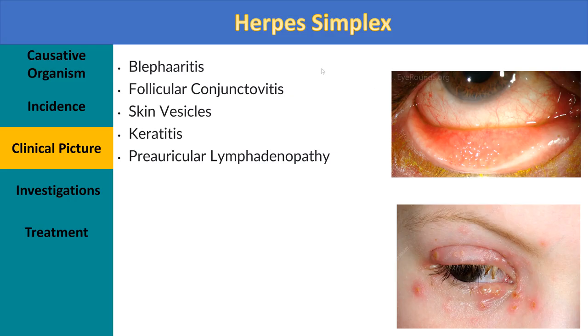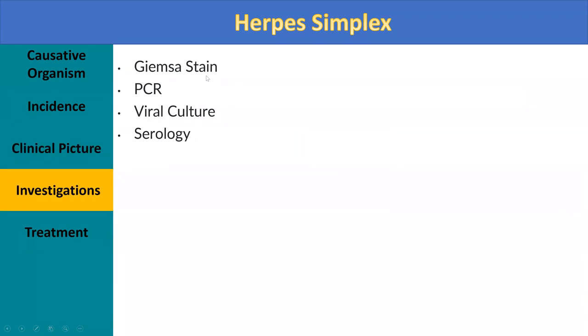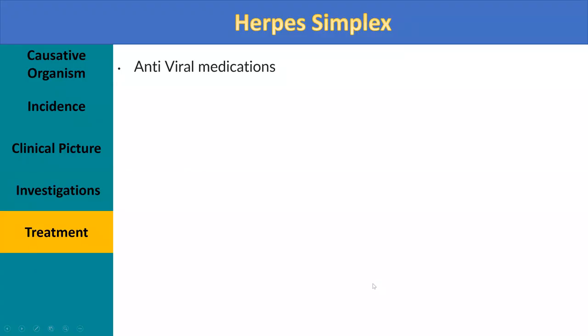Okay, so those patients present with blepharitis, follicular conjunctivitis, skin vesicles, keratitis, and preauricular lymphadenopathy. Investigations are usually not needed. This is a clinical diagnosis, but again, we can do Gram stain, PCR, viral culture, serology, and the treatment is by antiviral medications, depending on whether the cornea is affected or not.